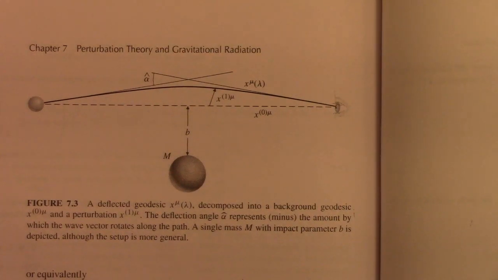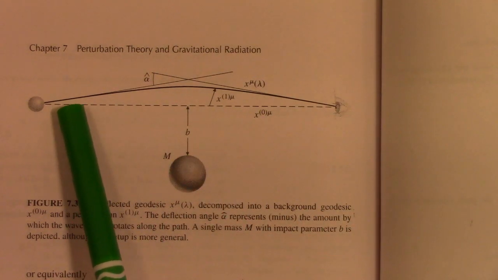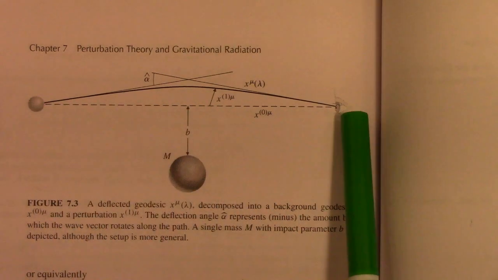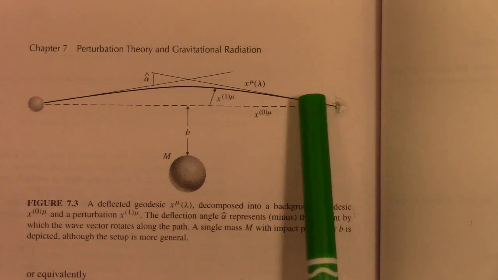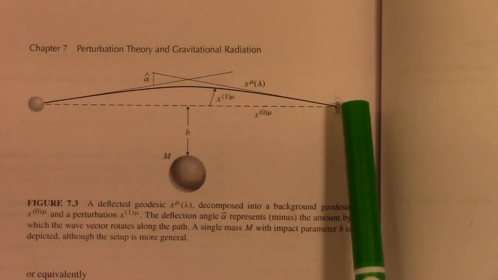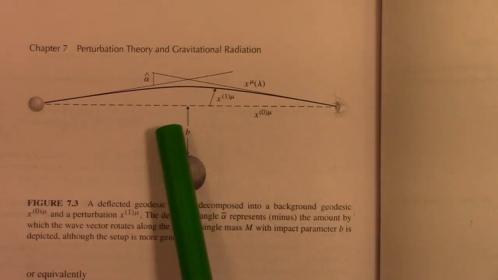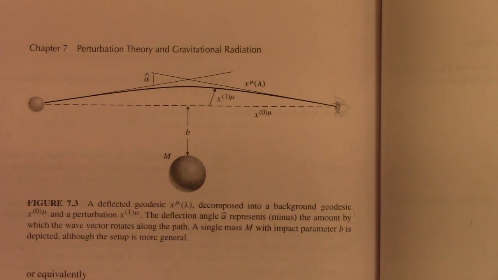So he's comparing the hypothetical background path that the light would travel, this dotted line, x upper parentheses 0 mu, against the deflected path that's happening because of gravity, all right? And describing it in terms of this deflection angle alpha hat. As he says, it's decomposed into the background geodesic and a perturbation x1 mu.